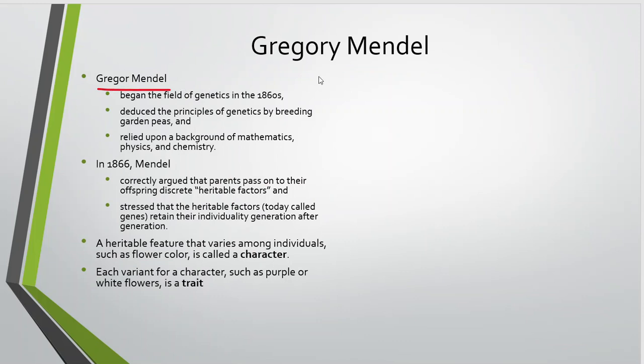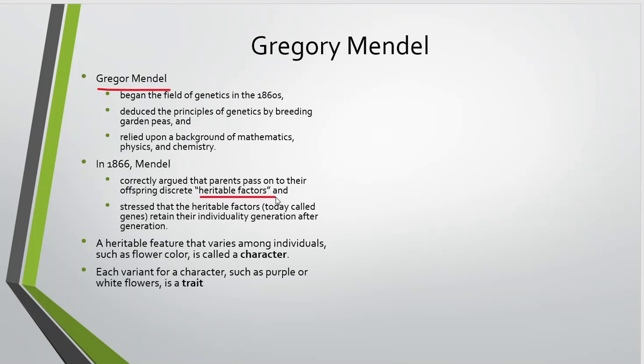Gregor Mendel, he's a monk in Austria that began, or I should say, furthered the study of genetics. He was crossbreeding different types of peas in his garden, and he was keeping careful records and was able to find that they followed a pattern. And apparently he had a background in math, physics, and chemistry.